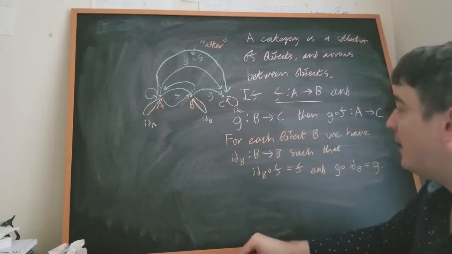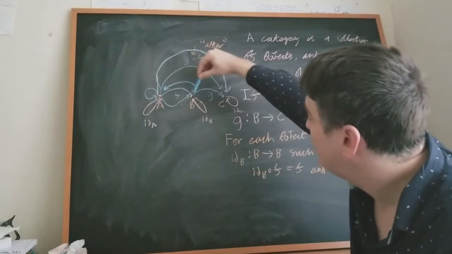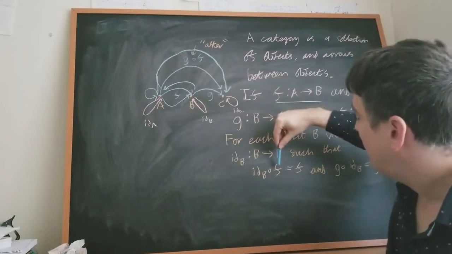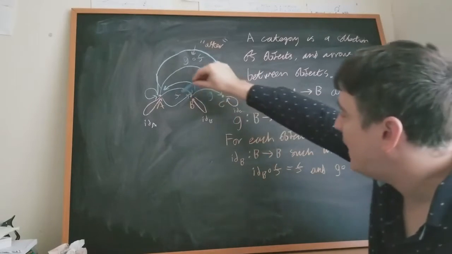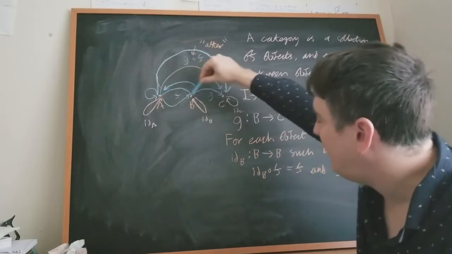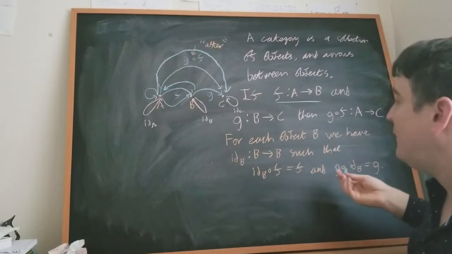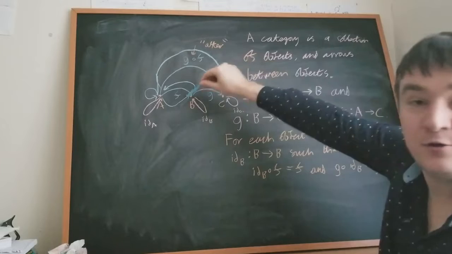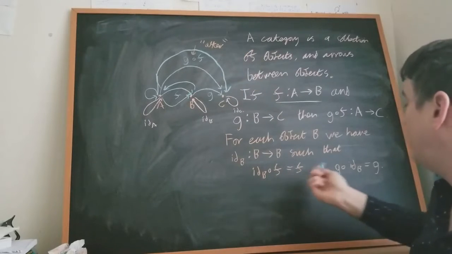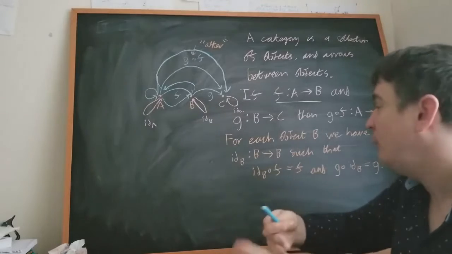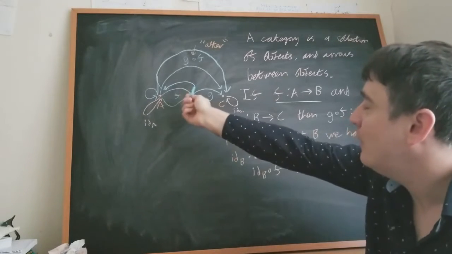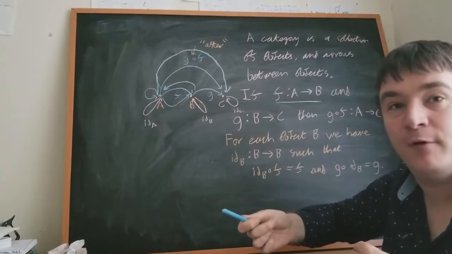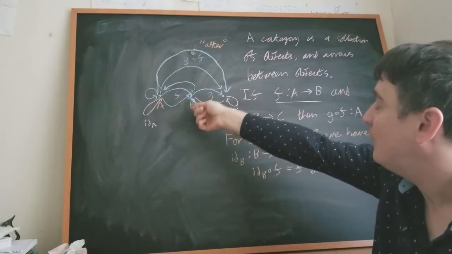So what I mean here is that if we go along F and then we go along the identity arrow, that gives us as a composition just F back again. And similarly, if we go along the identity arrow first and then we go along G, then that just gives us G back. And this of course has to hold for any incoming arrow F, and any outgoing arrow G. I shouldn't call them functions at the moment.